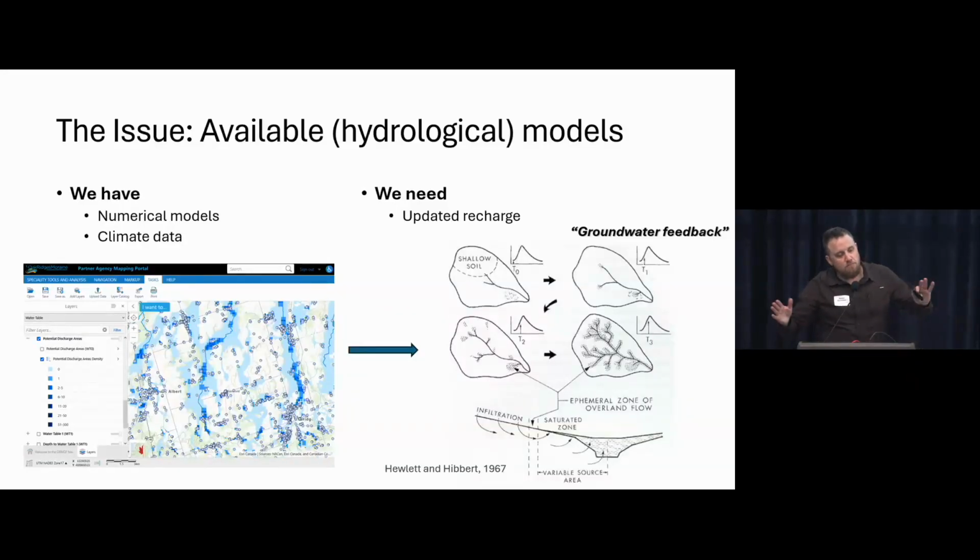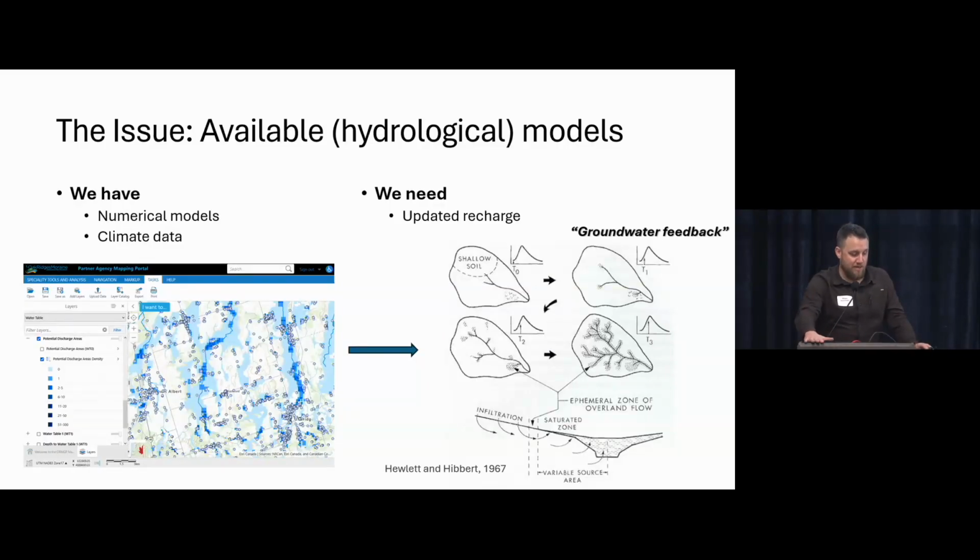So I look more to what's called the variable saturated area concept. This is the idea that as the ground saturates, the area of the watershed that is receiving rainfall is rejecting that rainfall, and that's where the runoff is generated. It's a groundwater phenomenon rather than an infiltration rate phenomenon.